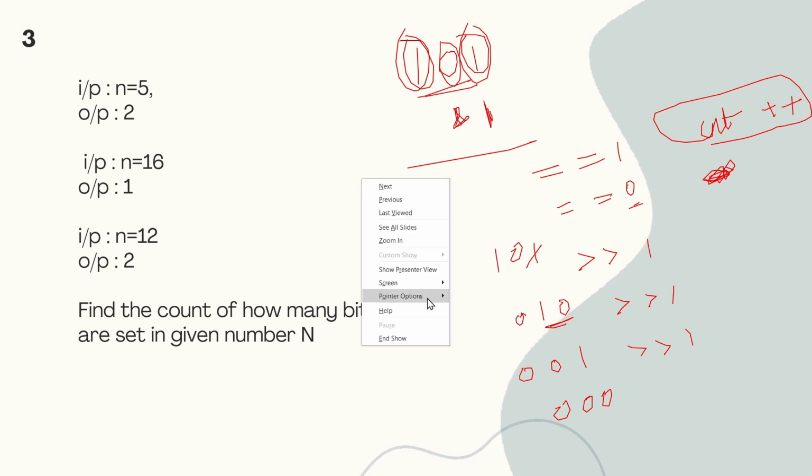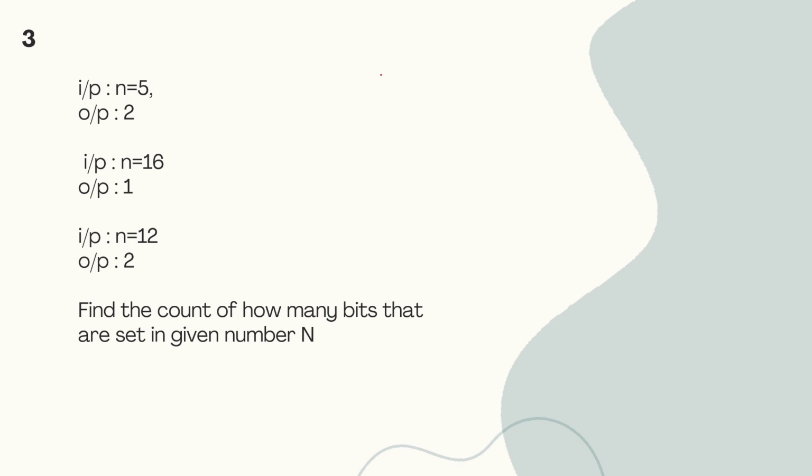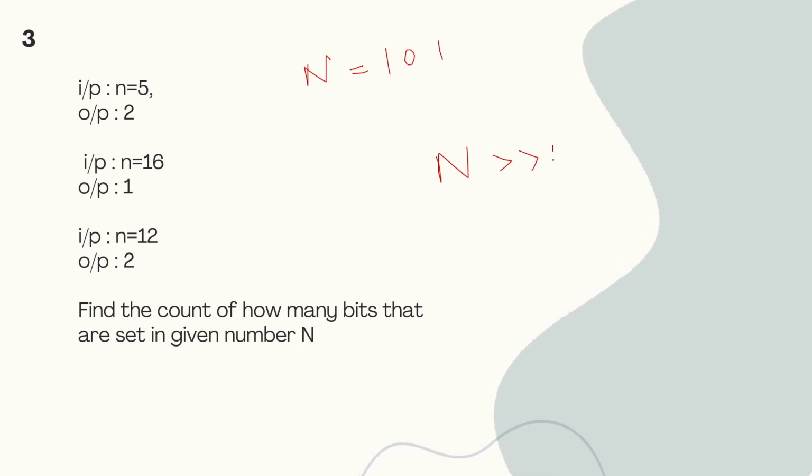So let me try to explain it again. You can write 5 as 101. The idea is, this is a number n. You are doing this number n right shift for one time, let's say, and you are applying an AND operation with 1, and you are checking if this entire thing is equal to 1 or not.